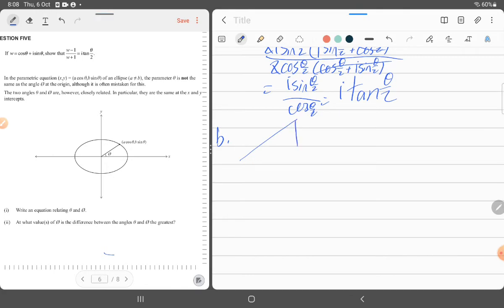So here, is it alpha or b or a? Just say a. Oh no, that's b sine theta, and this way is a cosine theta.